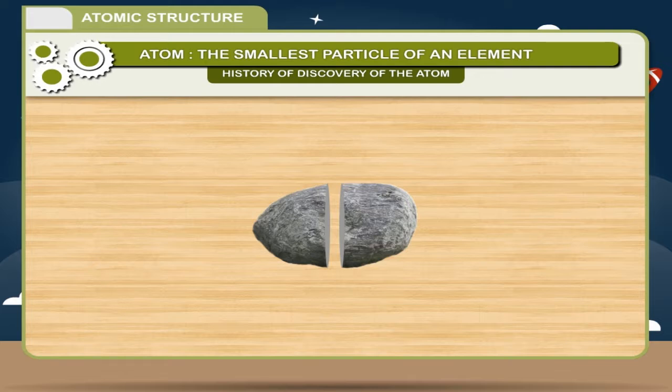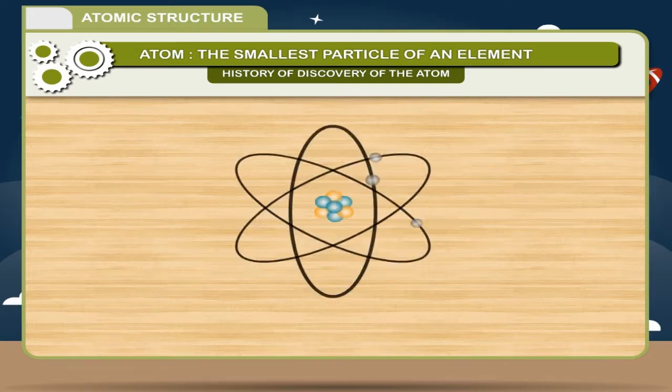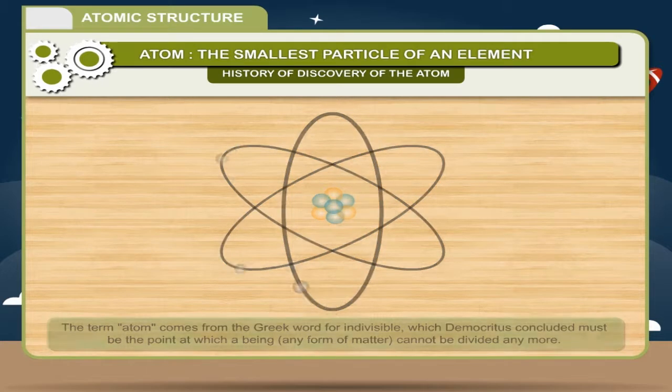If the stone were to be continuously cut, at some point, there would exist a piece of the stone small enough that it could be no longer cut. The term atom comes from the Greek word for indivisible, which Democritus concluded must be the point at which a being, any form of matter, cannot be divided anymore.